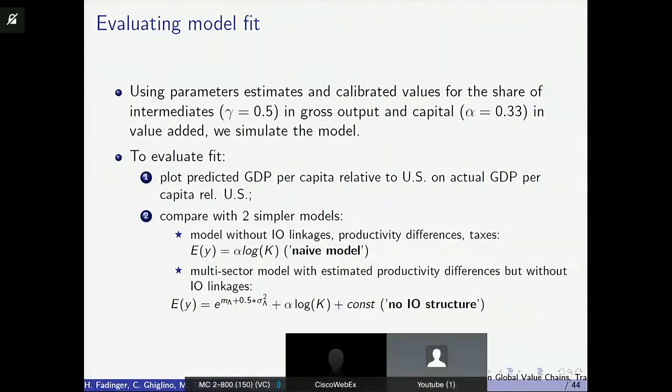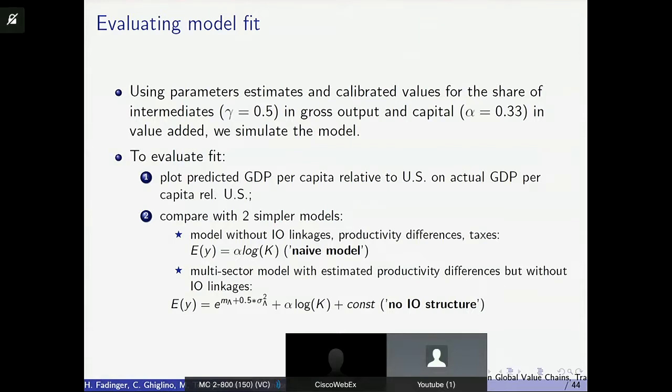If it has perfect fit, everything should be on the 45-degree line. And we're going to compare that model with two simpler models. The naive model, which is basically the one that ignores any kind of productivity difference. Well, we know that that doesn't fit very well. And a multi-sector model that doesn't have input-output linkages between sectors.